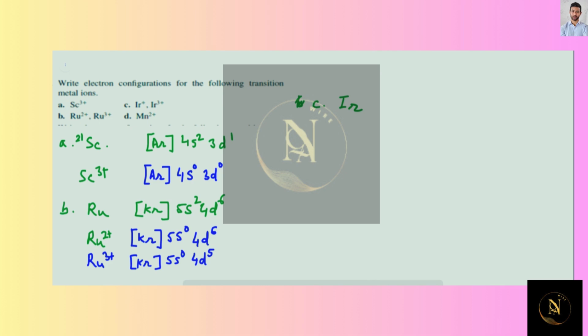So Ir neutral atom electronic configuration is the nearest noble gas configuration, xenon, and after that 6s2 5d7.